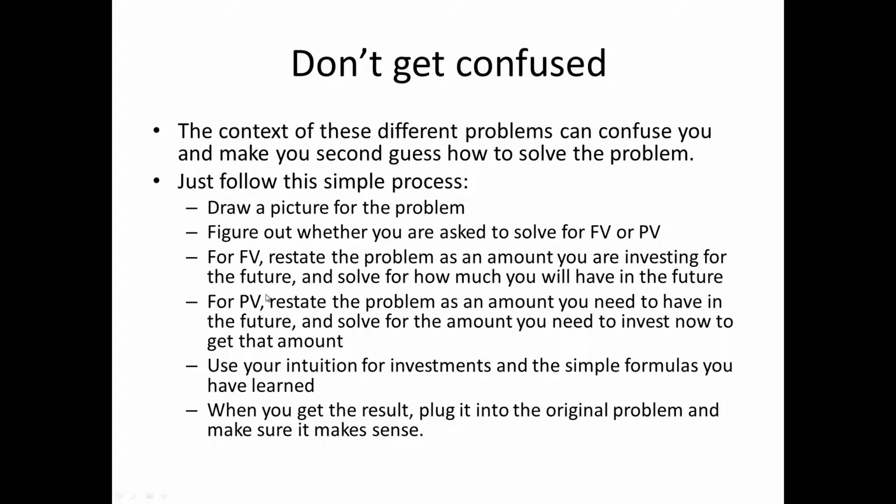For present value, just restate the problem as an amount you need to have in the future and solve for the amount that you need to invest now to get to that. So the exact same investment context we've been using, you just plug the numbers into that, all right? So what that does is allows you to use the intuition from the investment context and the examples that we've been using and the simple formulas we've learned in a way that you won't get confused, all right?